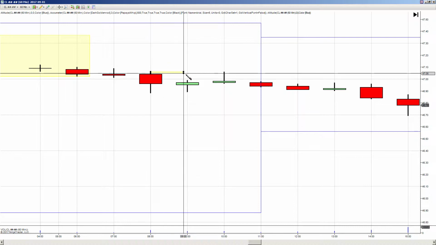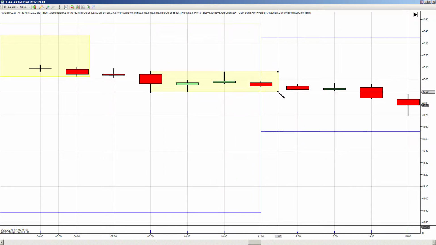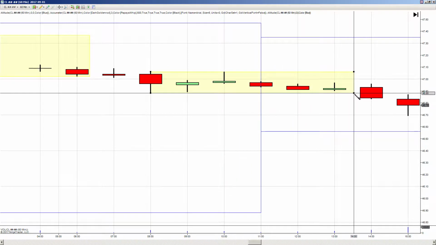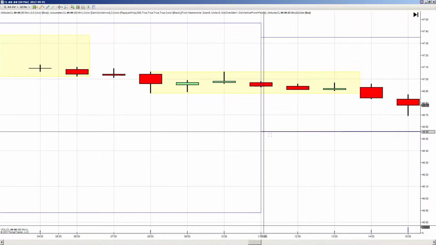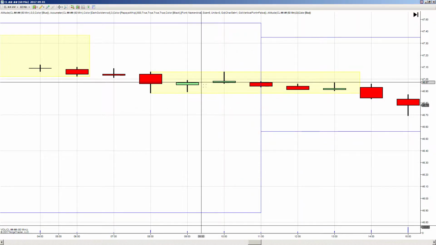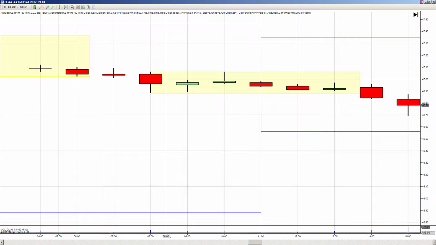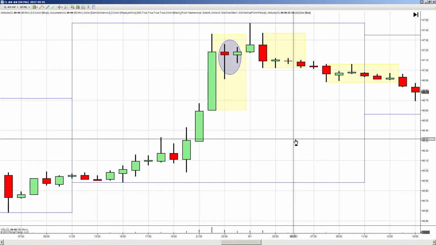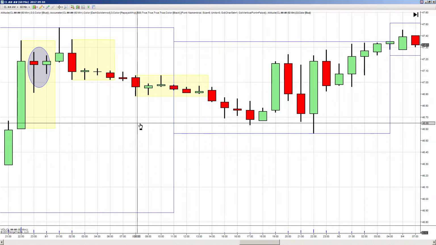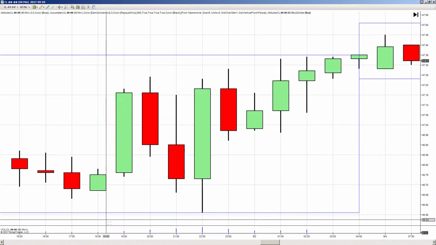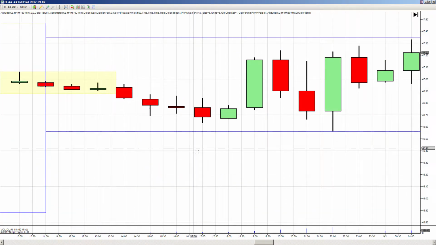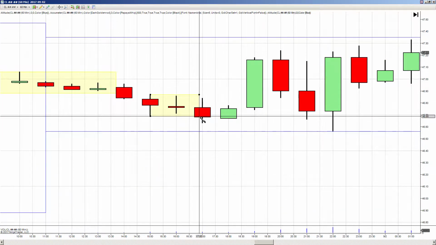So again, we see we have one that goes from here and encompasses multiple candlesticks right here. So this one encompasses 1, 2, 3, 4, 5, 6 candlesticks. And so this is helping us compress our charts down. Let's keep moving forward and mark off the encompassing candlesticks. Let's test. We go up to this one.